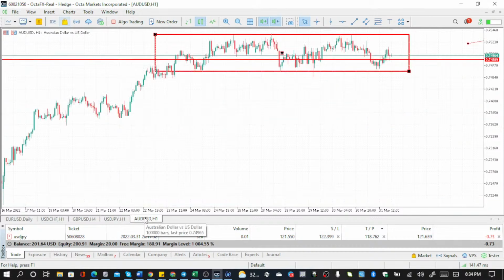Another question now. The name of the currency we are analyzing now is Australian USD. The currency we analyzed before is USD JPY.